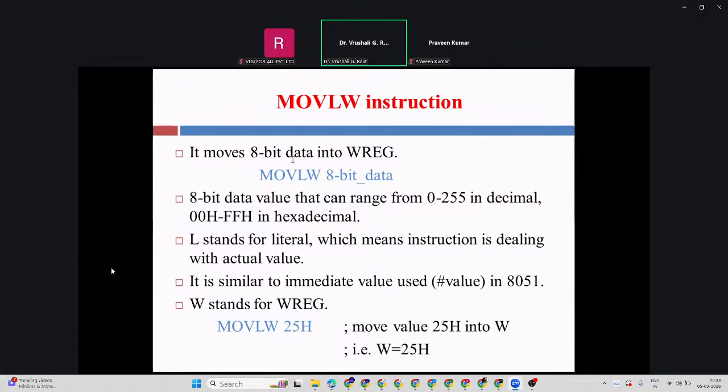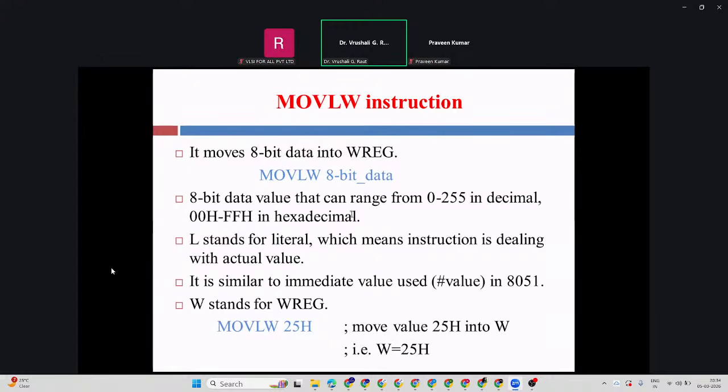It moves 8-bit data into the W register. What is this instruction doing? It is an instruction in assembly language, which can be understood by the hardware by decoding it. MOVLW 8-bit of data moves 8-bit of data into the W register.